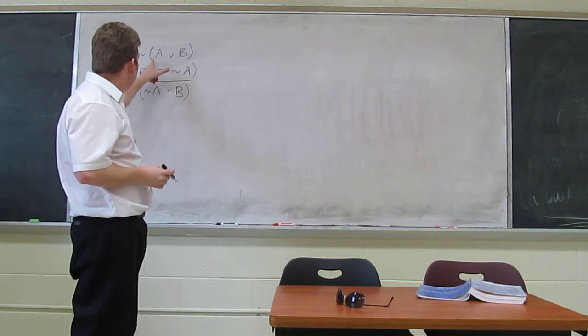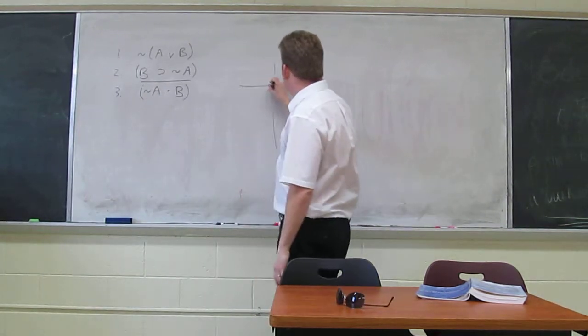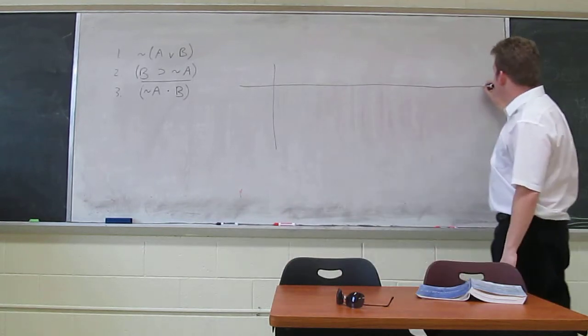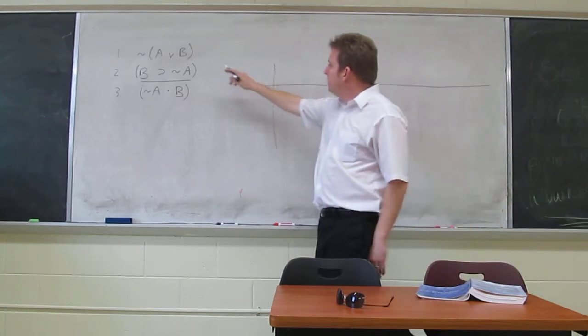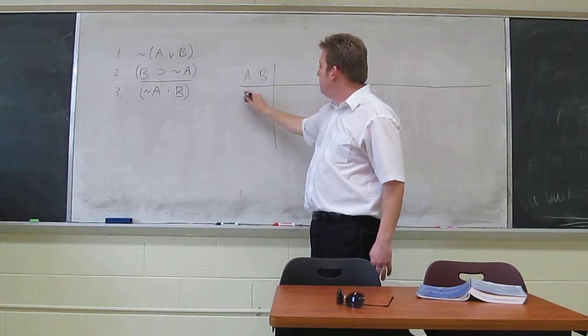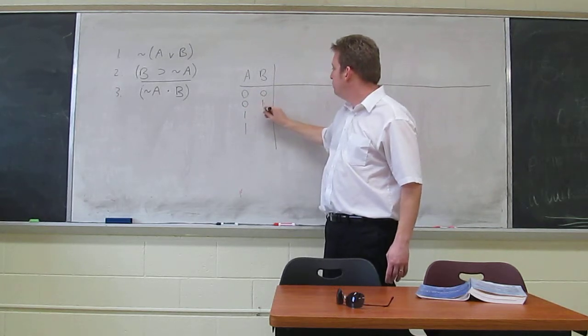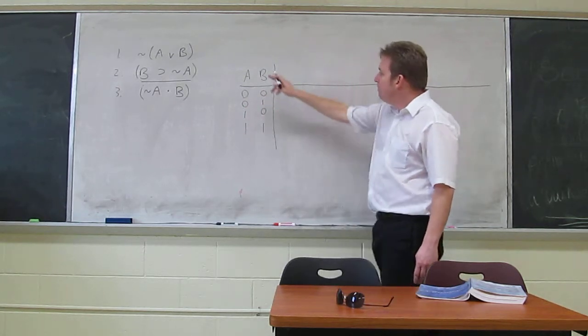So here we are. We start just like last time. We set up a table. It's going to be a bit longer this time. This time we have the two letters A and B. We give them their values: true, true, false, false, true, false, true, false. And then we map our premises.